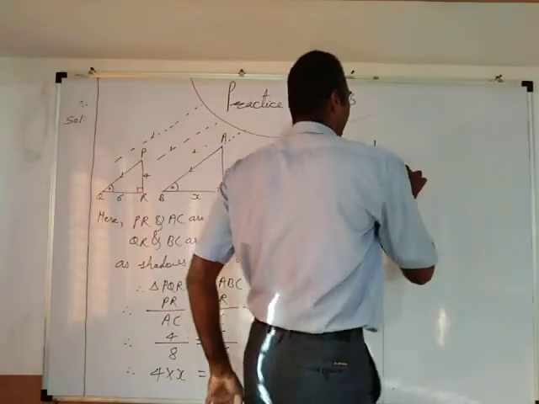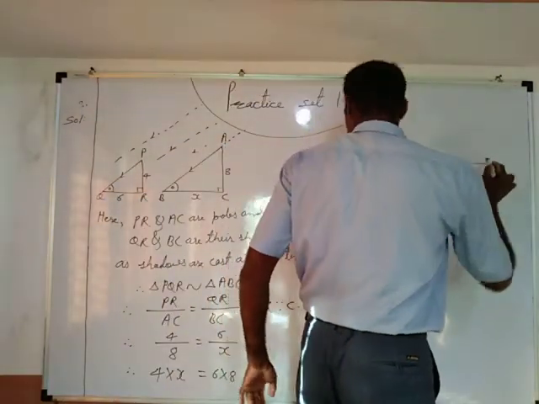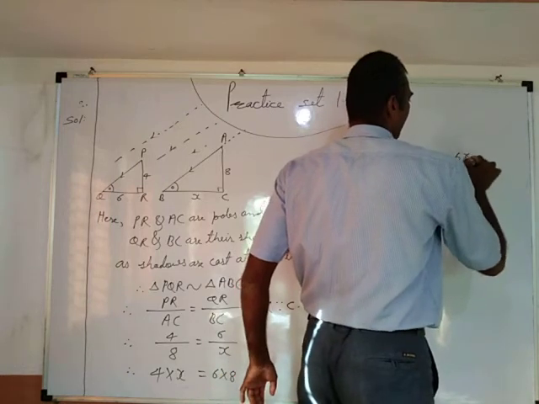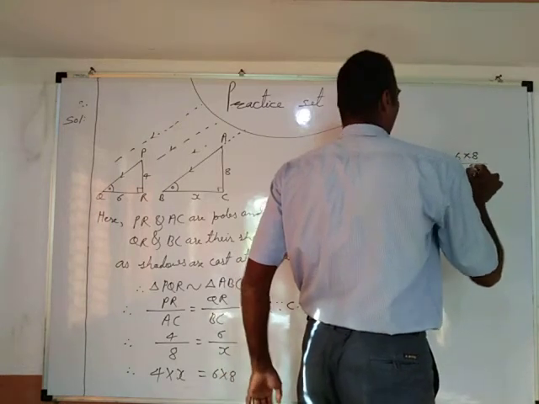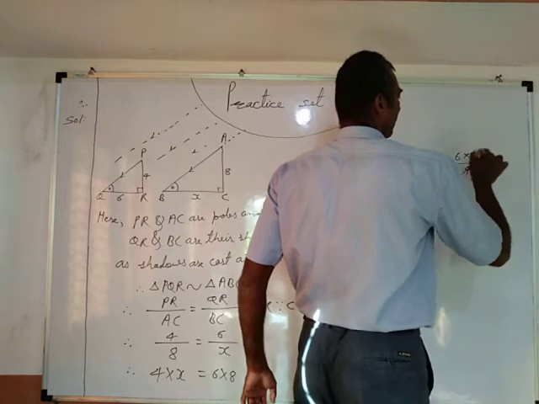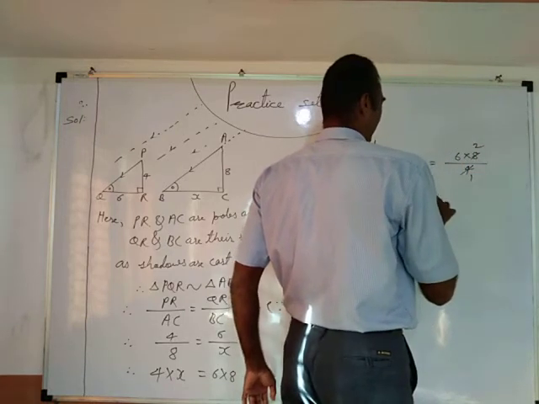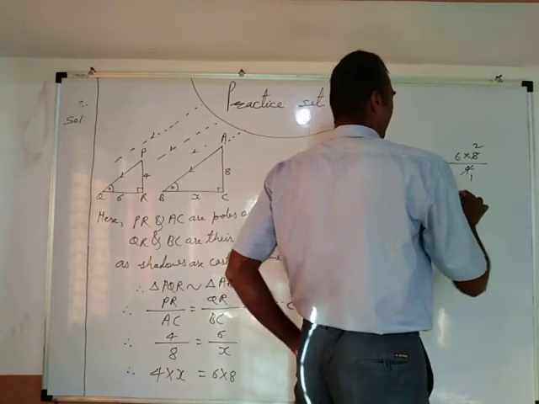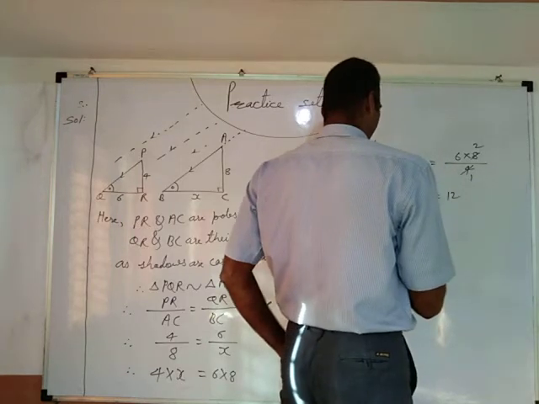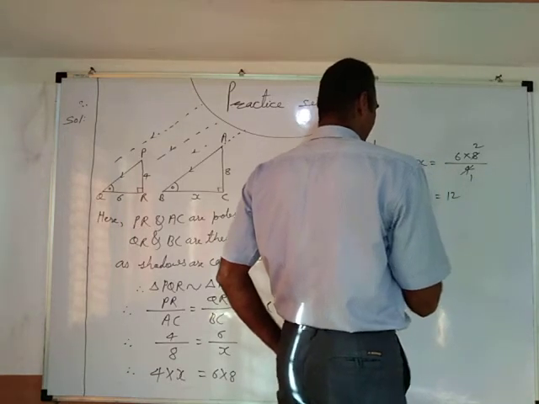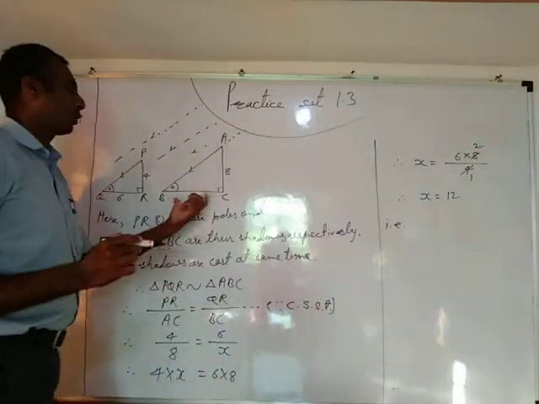Therefore, X equals 6 into 8 upon 4. 4 ones are 4, 4 twos are 8. And therefore, X equals 12. Therefore, X is the length of BC.